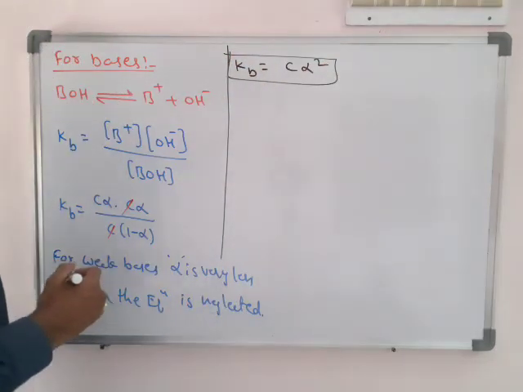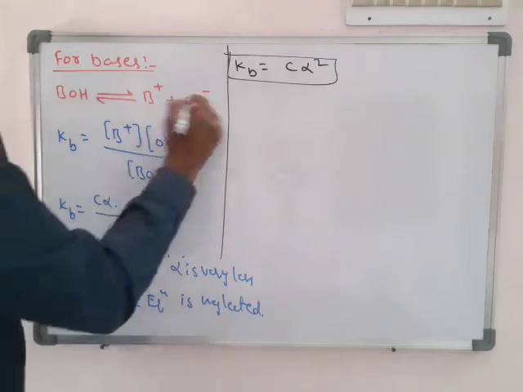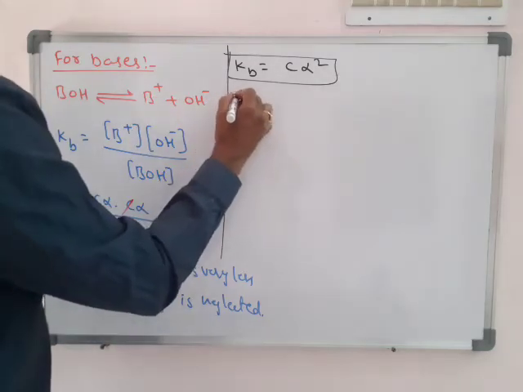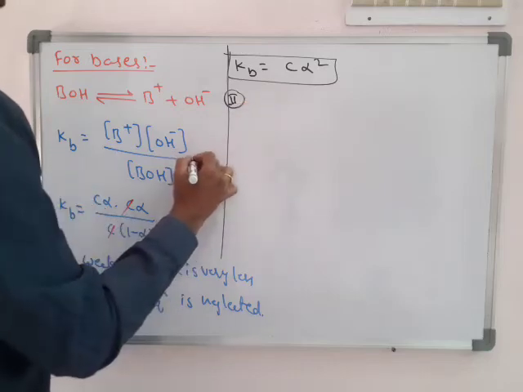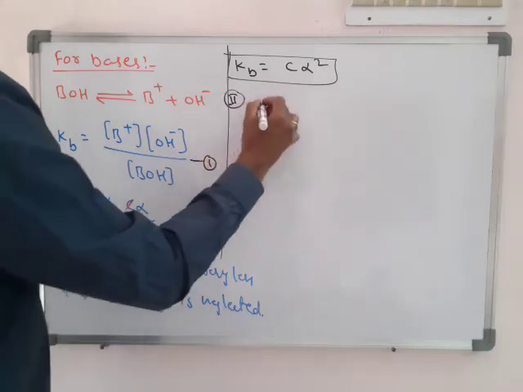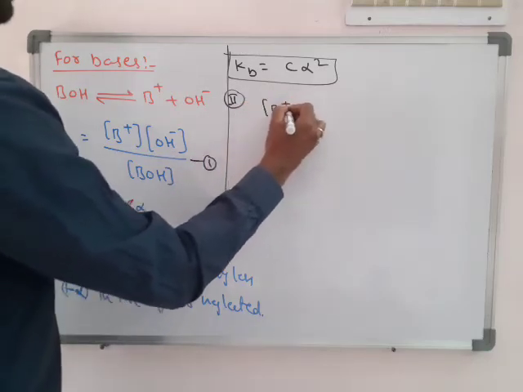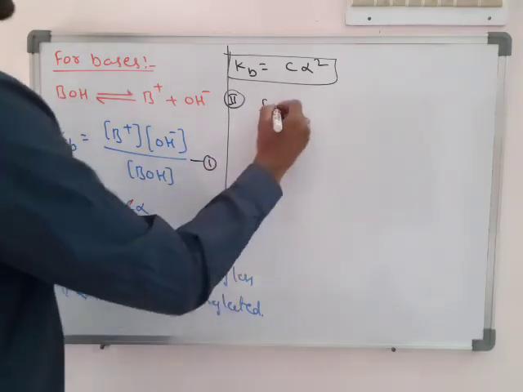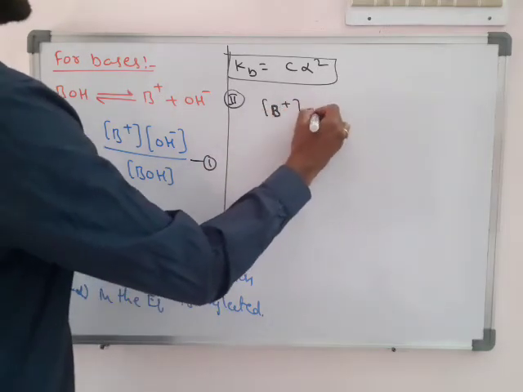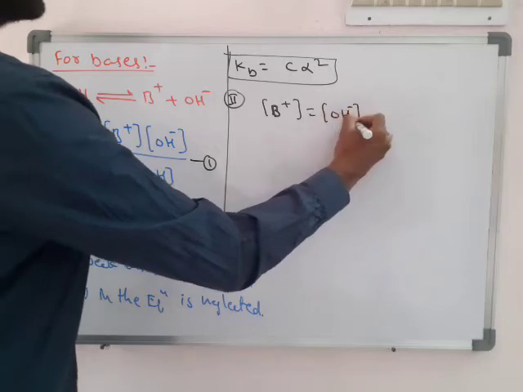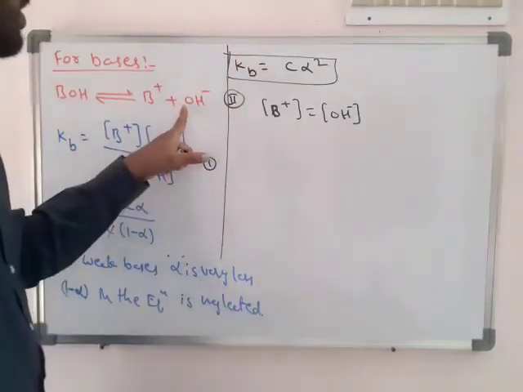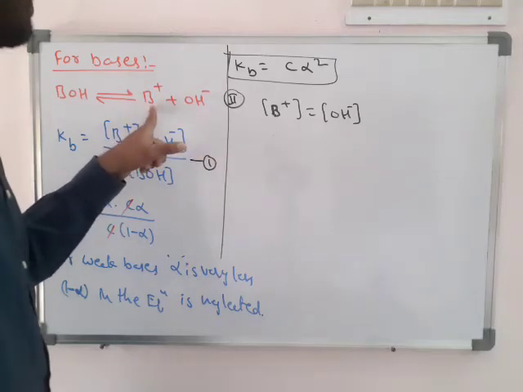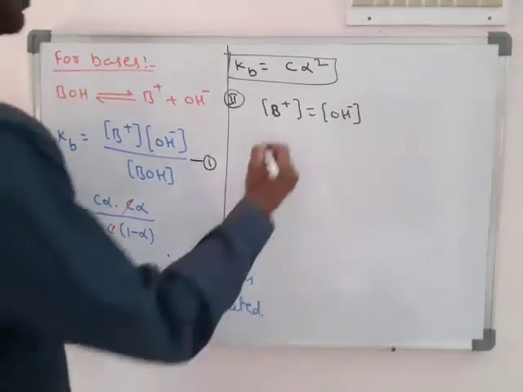Next, again we apply this Kb value with the help of equation 1. Now take the B plus concentration equal to OH minus concentration, because both are 1 mole, so the concentration of OH minus is exactly equal to the concentration of B plus.